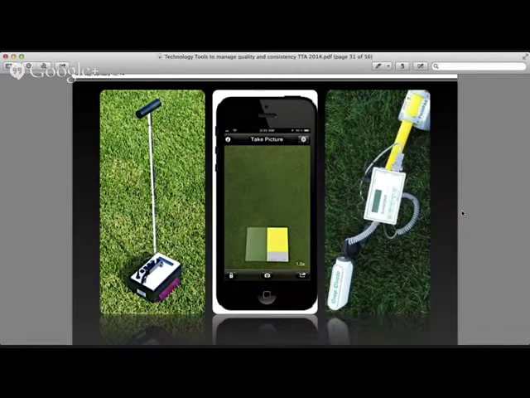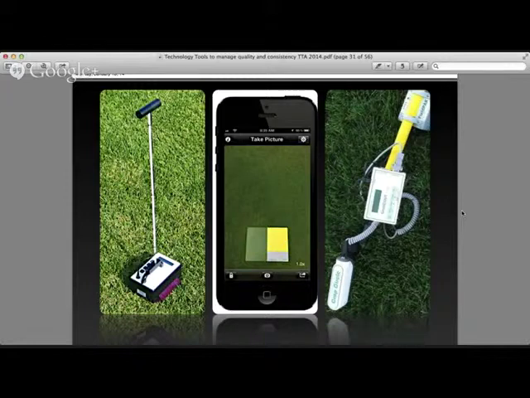And then if you look at the image in the middle with the iPhone and this little placard there, this is another piece of equipment and app that's been developed by Spectrum Technologies that has a placard with a green area, a yellow area, a gray area, and then you use the camera in the phone or the tablet to take an image and use it to make a measurement.